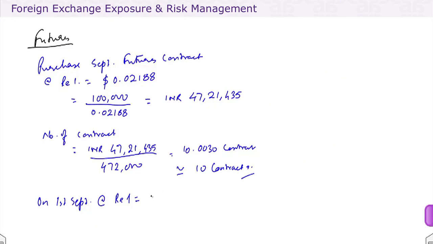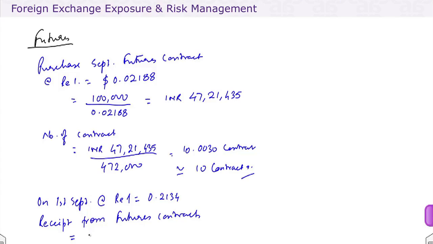So this would be 0.2134. So your receipt from futures contract will be how much?